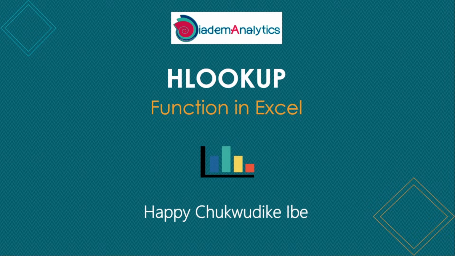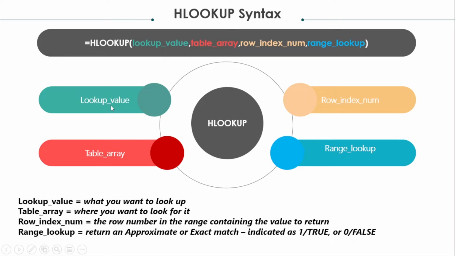While VLOOKUP stands for vertical lookup, HLOOKUP stands for horizontal lookup. The HLOOKUP, like the VLOOKUP, has 4 arguments: the lookup value, the table array, the row index number, and the range lookup.